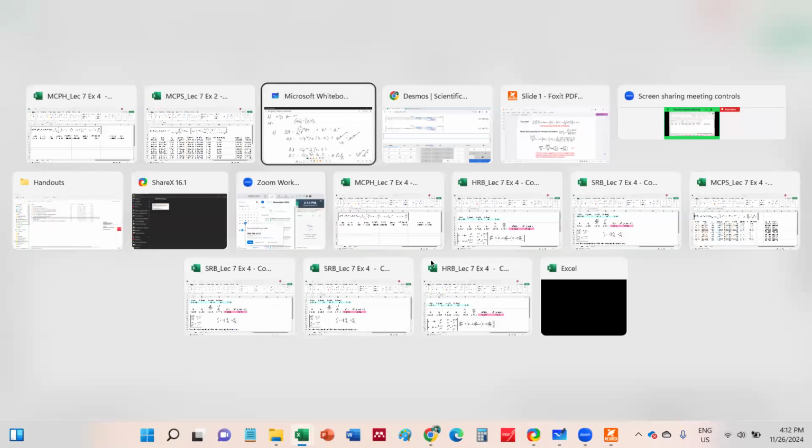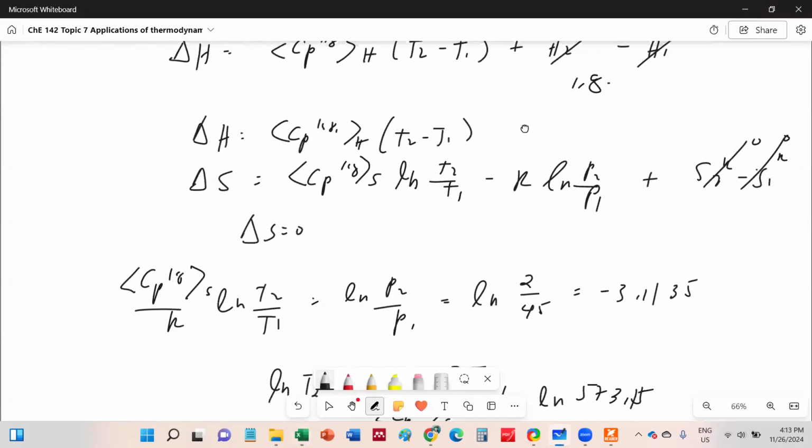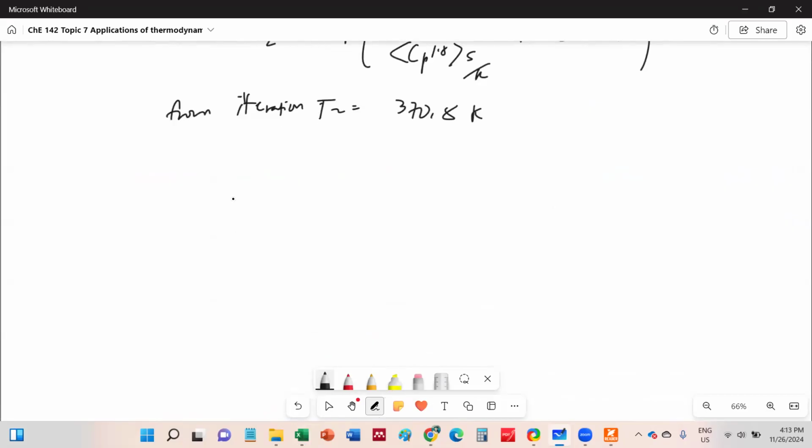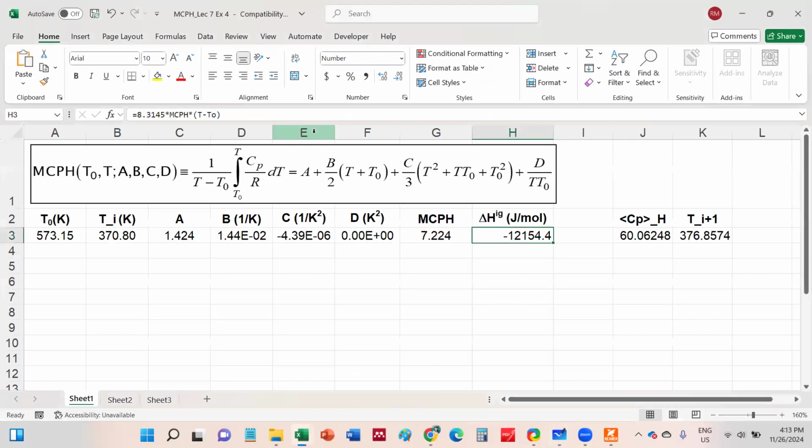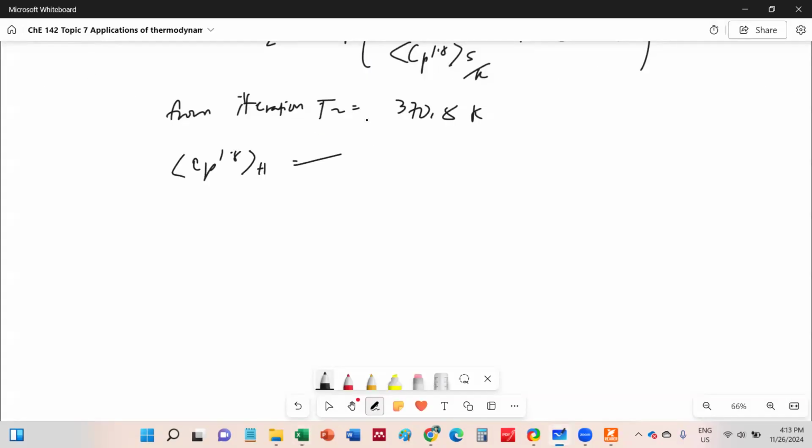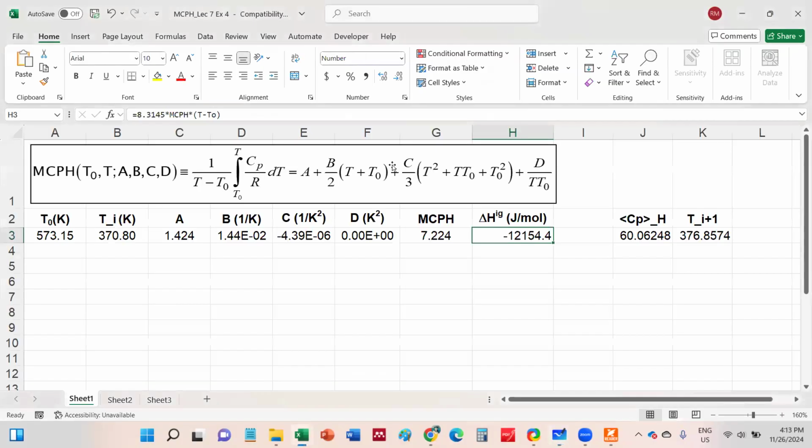Let's write the CPIGH. That's the value, 60.06 joules per mole Kelvin.